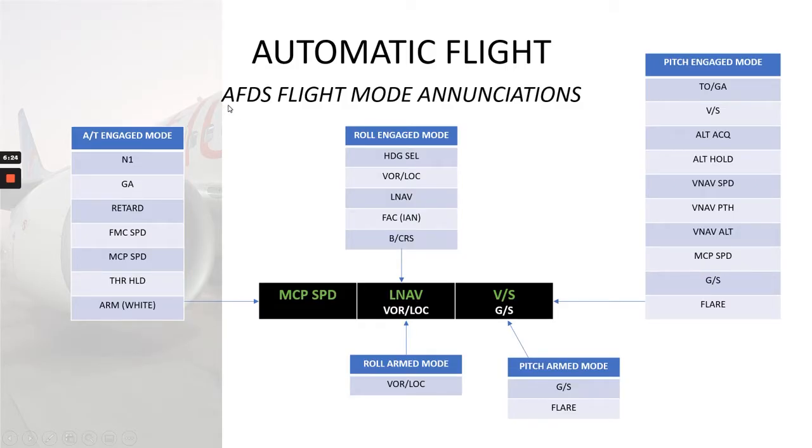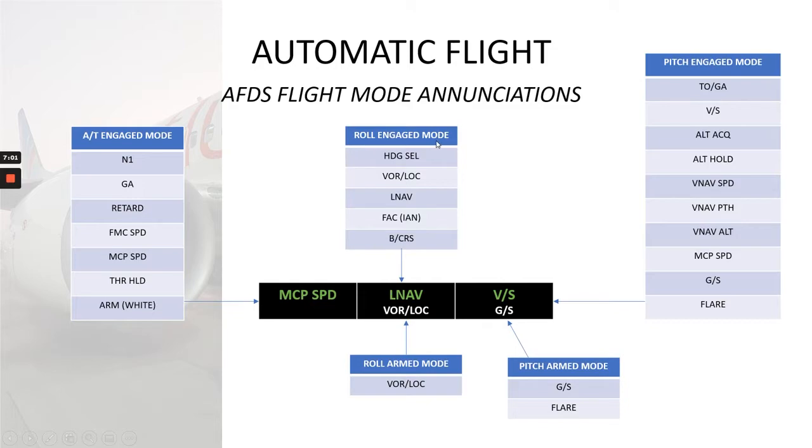Let's talk about the autopilot flight director system flight mode annunciations. Here you can see these small tables showing all the modes for auto throttle, roll, and pitch. Auto throttle engaged mode, which is this column here on the FMA, you can see N1, go around, retard, FMC speed, MCP speed, thrust hold, arm, which is white.